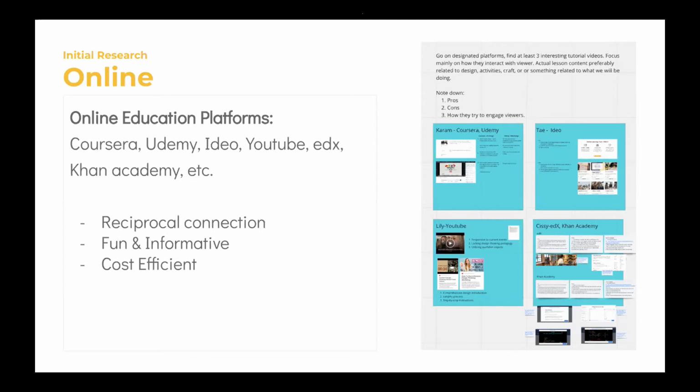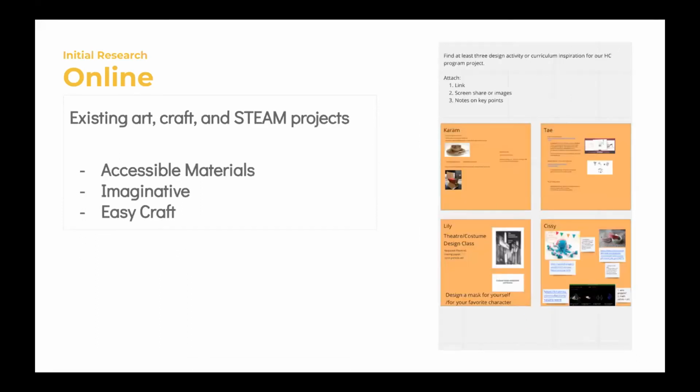These are qualities that we are aiming to achieve with our activities as well. We also looked at existing art, craft, and STEM projects and classes. We found it important to conduct these activities with accessible materials, to make them imagination provoking, and easy on the craftsmanship so that it's not intimidating.